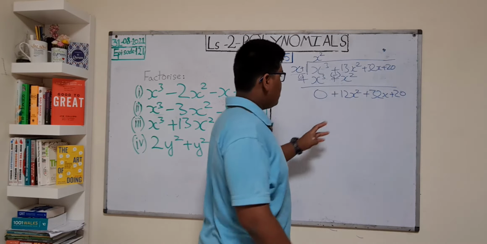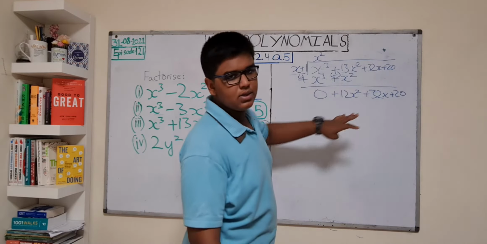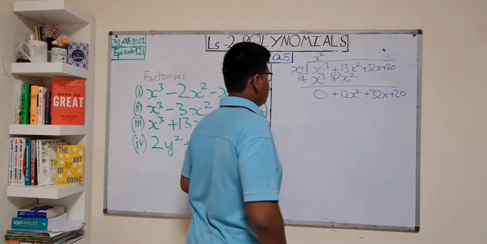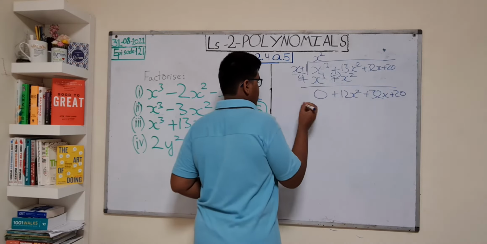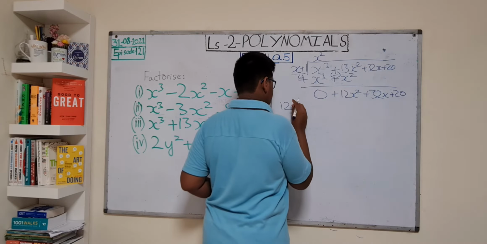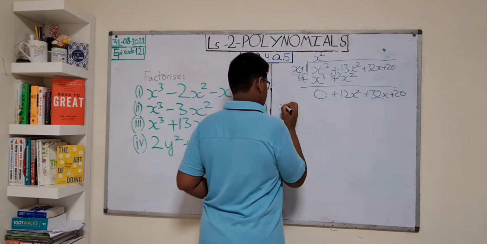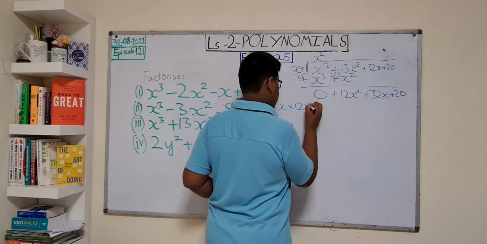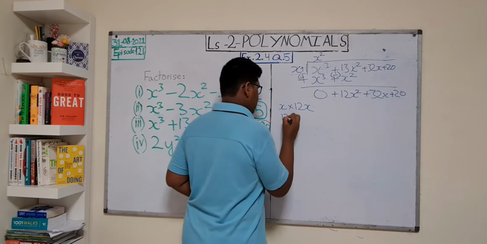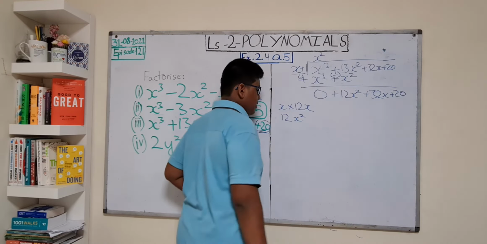Okay, now we have to take 12x squared, right? So for getting 12x squared, we have to take 12x, and if we multiply x into 12x, then we get 12x squared, right?